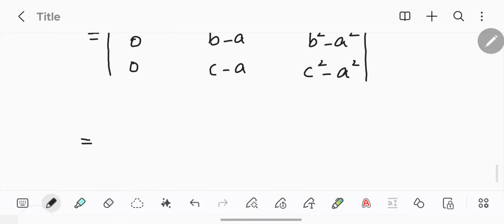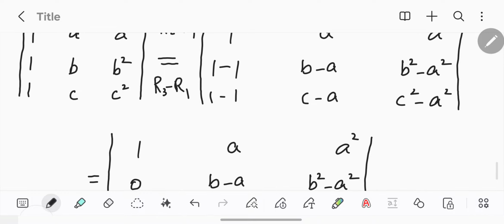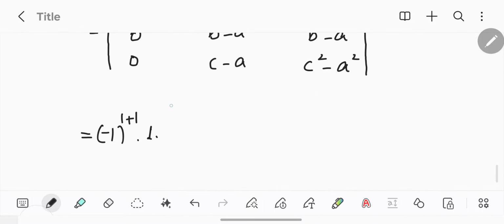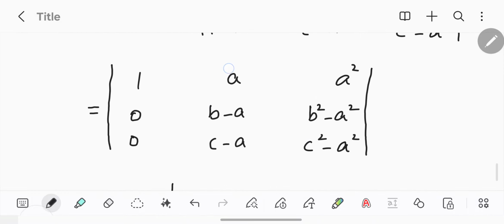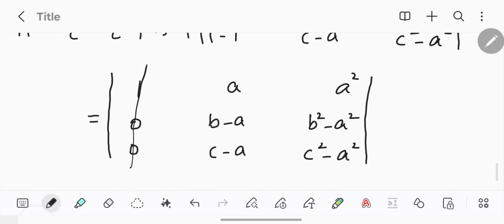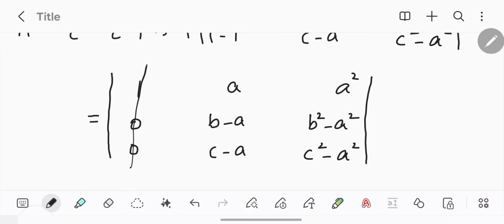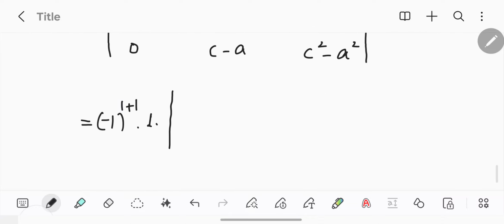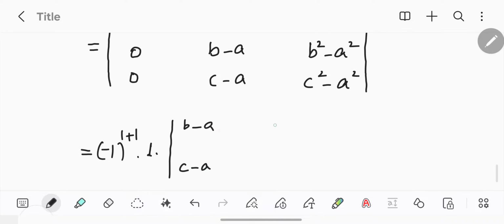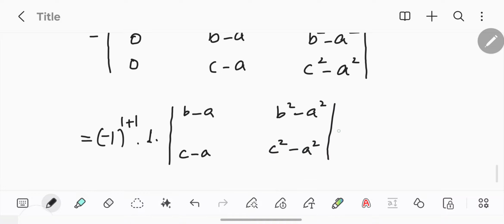The first element is minus 1 to the power 1 plus 1 times 1, because the first element is 1, times the determinant obtained by ignoring the first column and the first row: b minus a, c minus a, b square minus a square, c square minus a square.